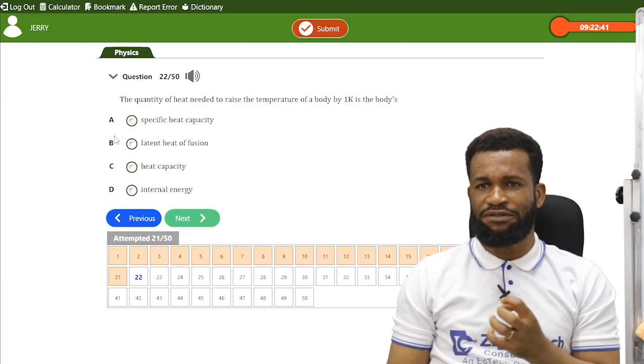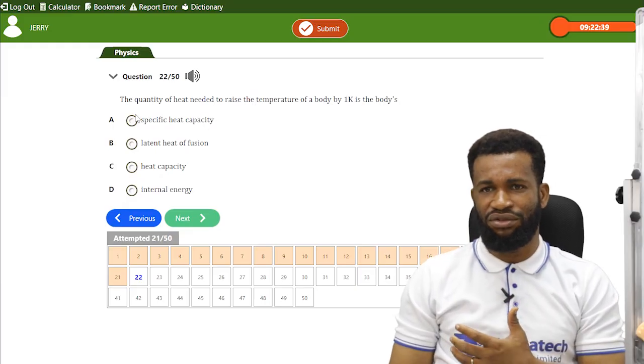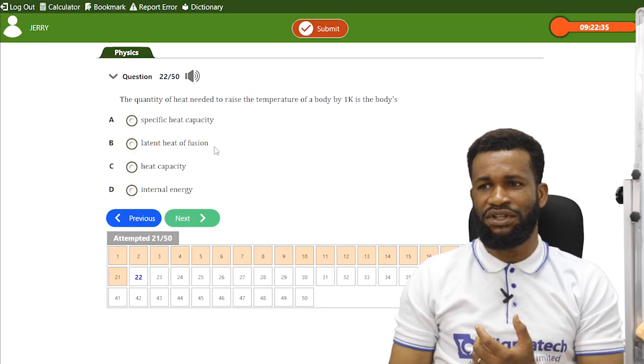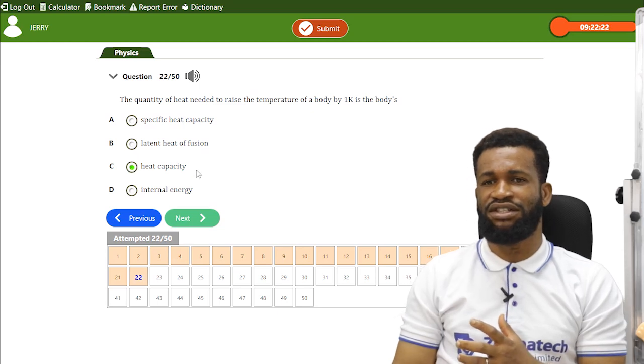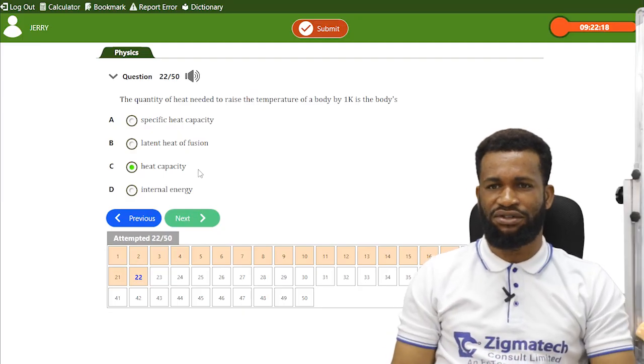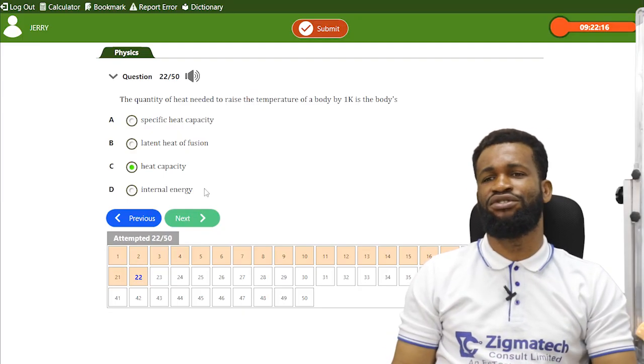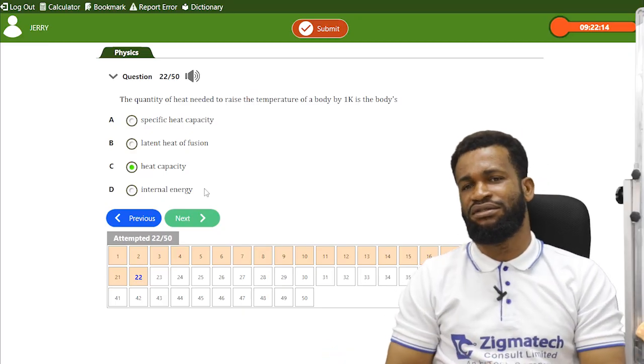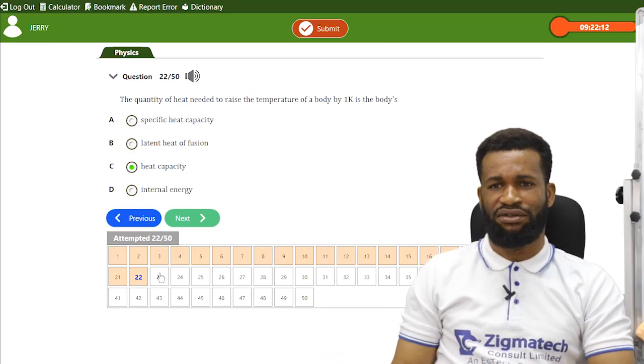A unit mass of the body was not cited in the question, so option A is wrong. Latent heat of fusion is the quantity of heat needed to change the state from solid to liquid, or from liquid to solid, without changing temperature, so it's not correct. So heat capacity is the quantity of heat needed to raise the temperature of a body by 1 Kelvin, and option C is the correct one.